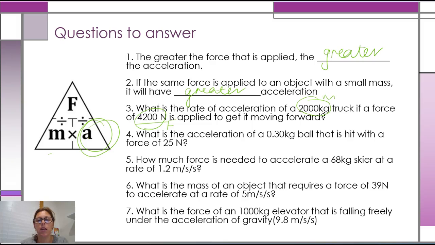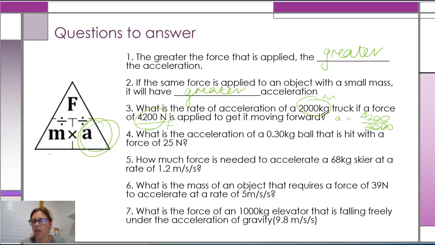We have force here. So acceleration is equal to force, which is 4,200 over 2,000. And you will get an answer. And I'm going to get you to calculate that yourself and pop your answer in your book.